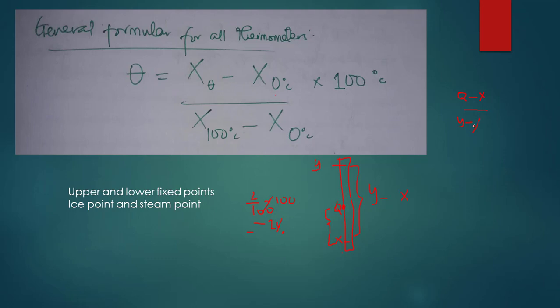Then kama tungeamua kumultiply by 100% tungepata percent. Lakini kwa vile tunataka tuidivide katika 100 degrees centigrade kama ni scale yetu 100 degrees centigrade maximum. So tuna multiply na 100 degrees centigrade. Ingekuwa ni percent tungesema the value tunayopata hapa ni percent.